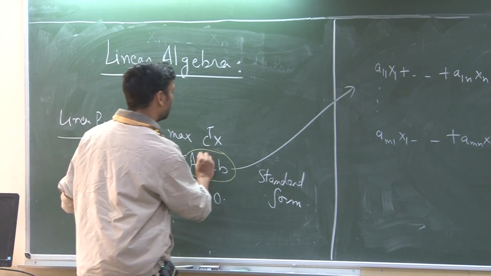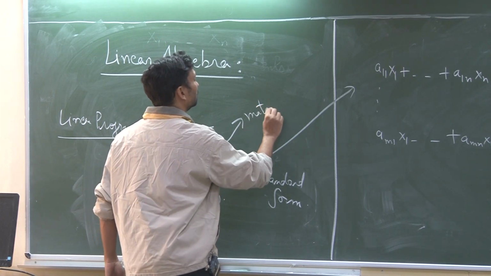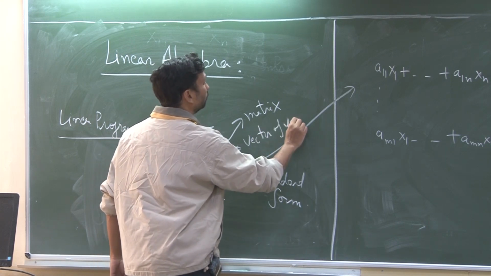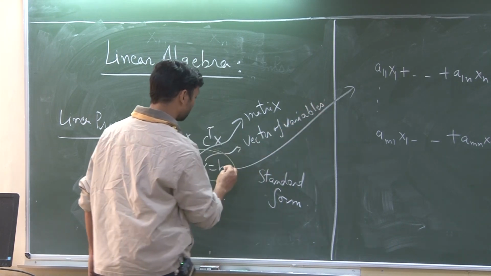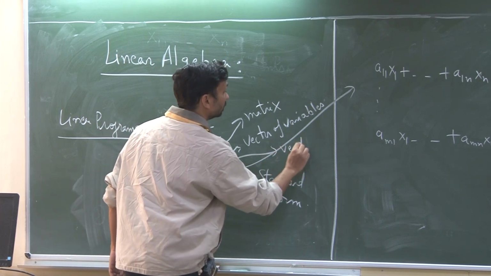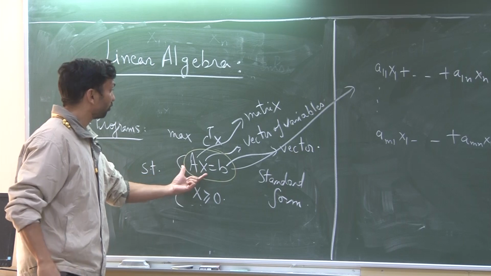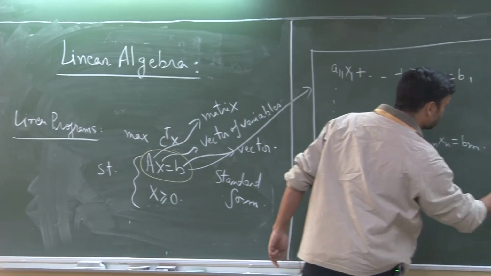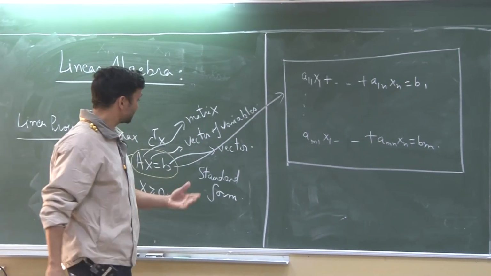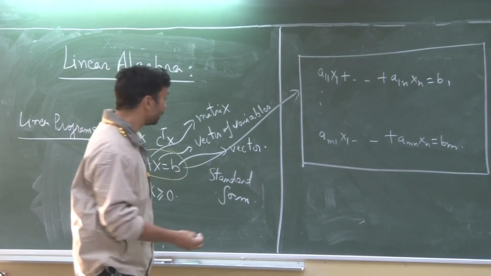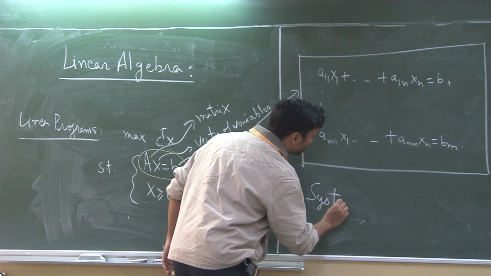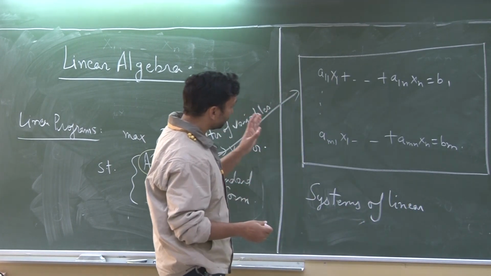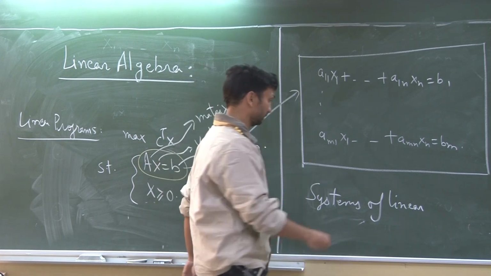Remember, here A is a matrix, x is a vector of variables, b is another vector. If I expand it out, it will look like this bunch of linear equations. So when I say Ax equal to b, when I say system of linear equations, all this should make this picture in your mind.